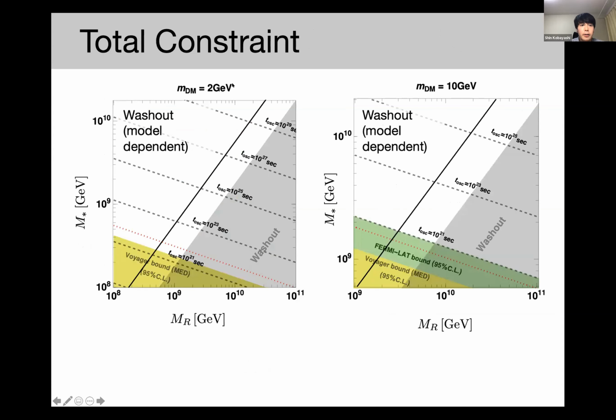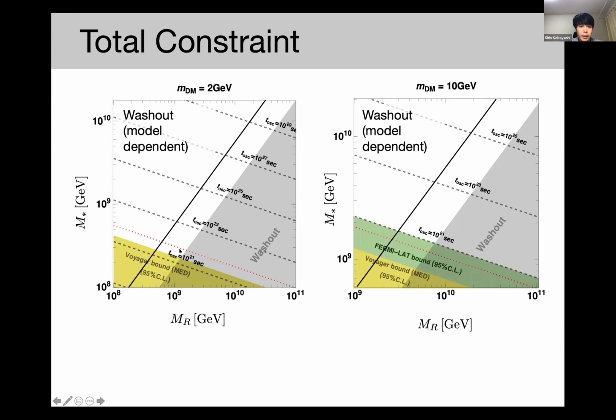So at dark matter masses lower than that scale, there is no constraint from Fermi-LAT. And the gray shaded region corresponds to the region excluded by the baryon-and-cell asymmetry washout mechanism. And the region above the black solid lines also corresponds to the baryon asymmetry washout. However, this region is highly model dependent, and some models can avoid this constraint.